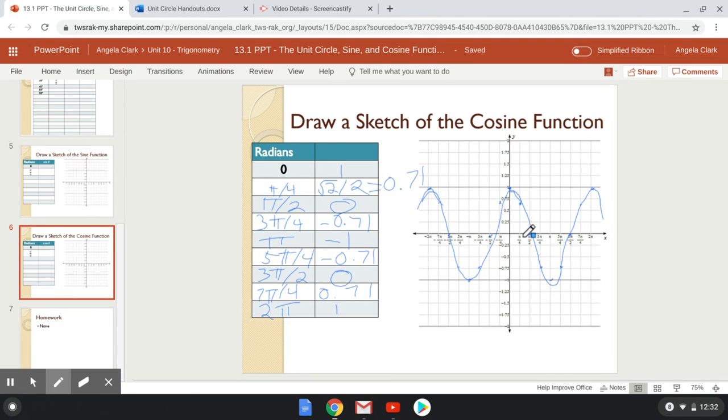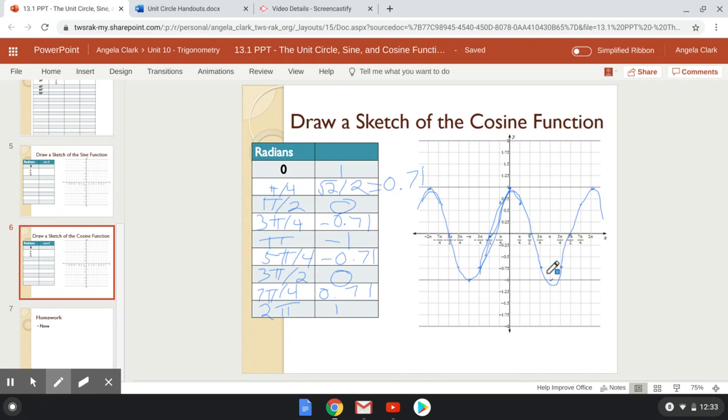So sine, this is poorly drawn, but essentially, if you shifted it so that the x-axis was here, that would be sine. X-axis is here, that's cosine. So it's just shifted. It's really just shifted.